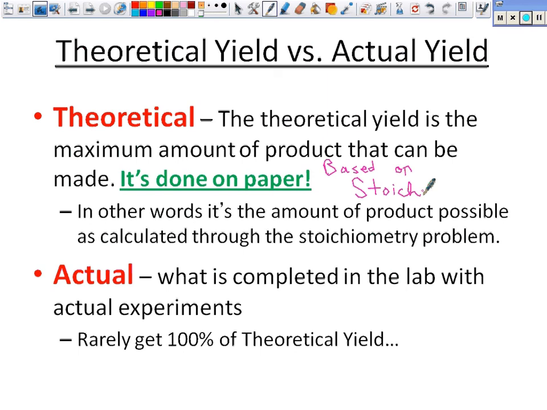And then actual is what you do in the lab. Okay? And then I've stated this a lot of times, rarely do you get 100%. Really in laboratory experiments, we have the 70% rule. If you're within 70%, you're doing pretty well, depending upon the lab itself. But 70% is normally what we're trying to get.